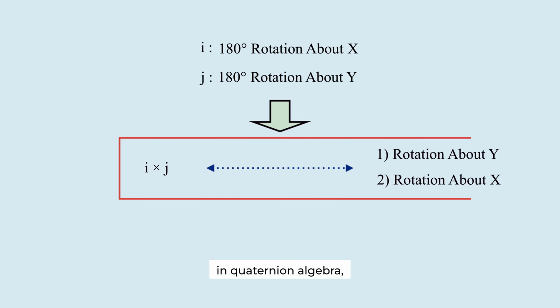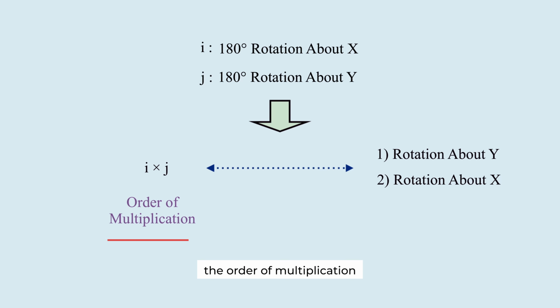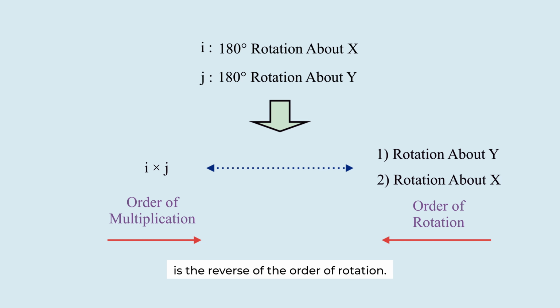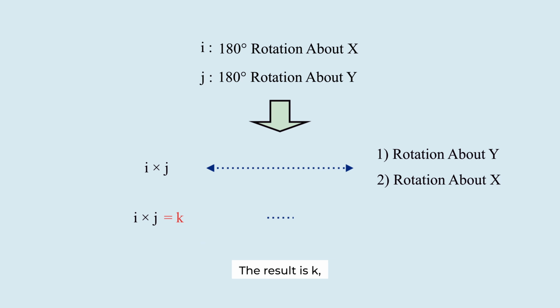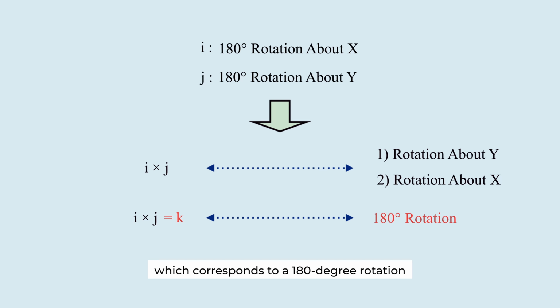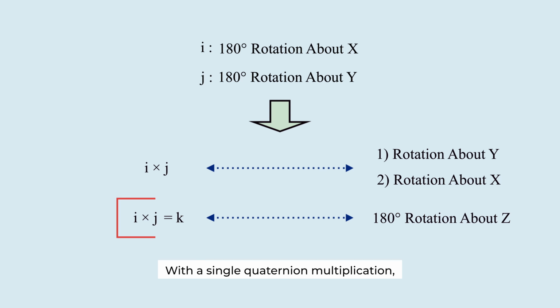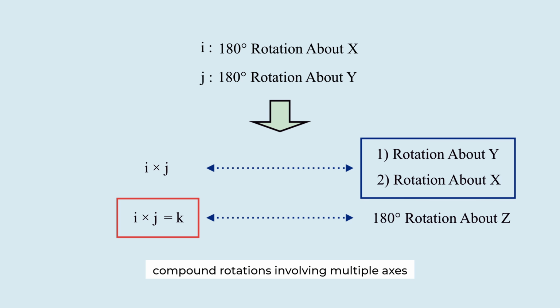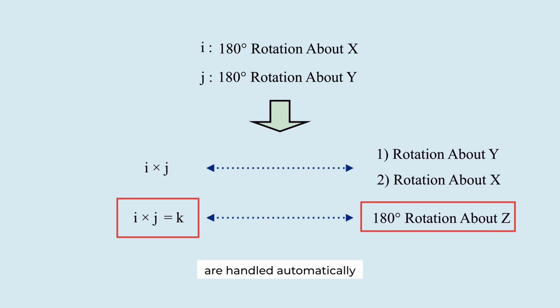Notice that in quaternion algebra, the order of multiplication is the reverse of the order of rotation. The result is k, which corresponds to a 180-degree rotation about the z-axis. With a single quaternion multiplication, compound rotations involving multiple axes are handled automatically without any extra correction.